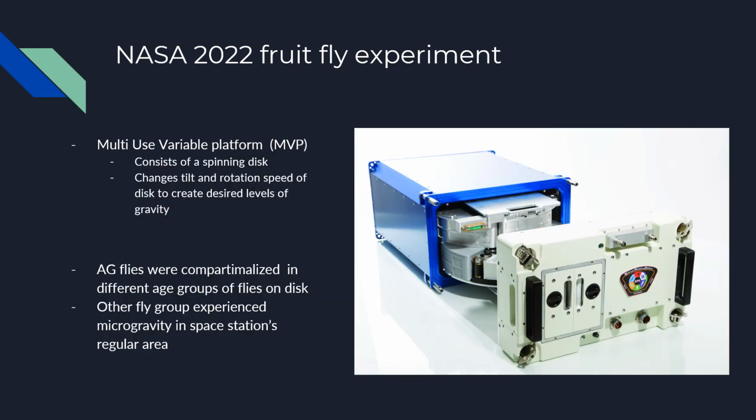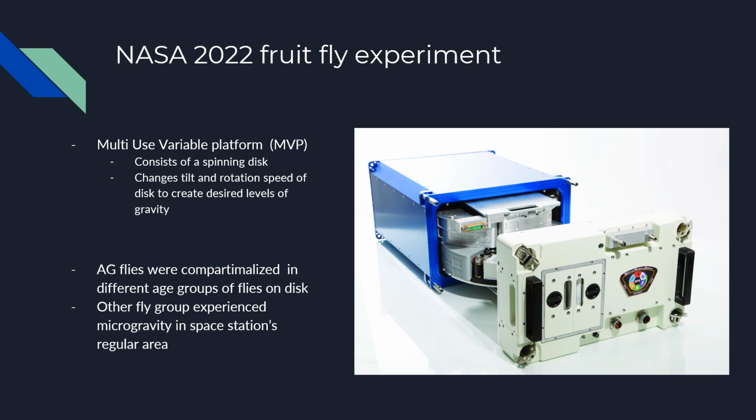So the device they used for this experiment is called a multi-use variable platform, which is essentially a centrifuge that can tilt as well. It consists of a spinning disk and it changes rotation speed and tilt depending on the desired level of gravity you want.